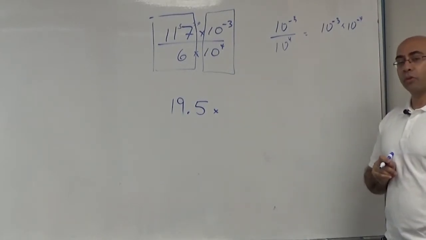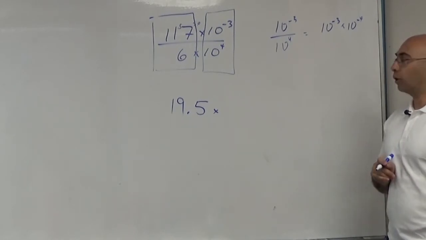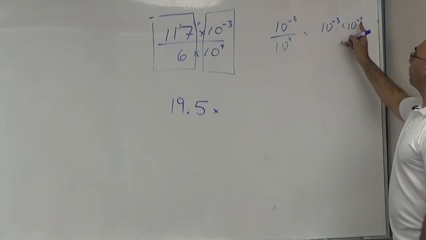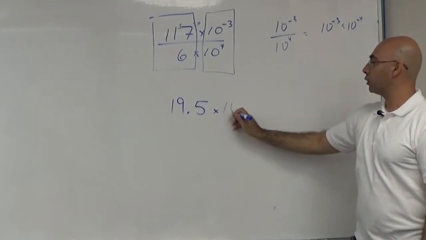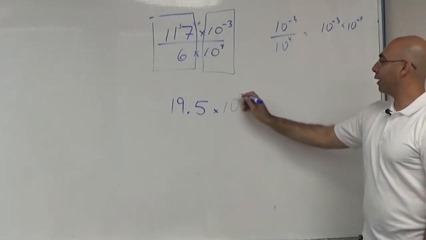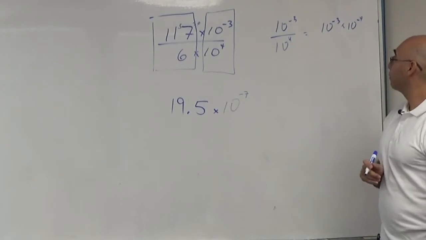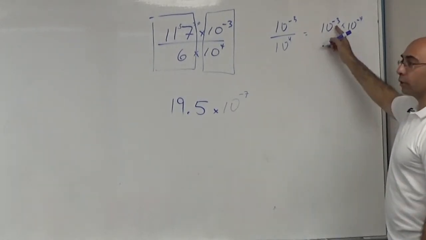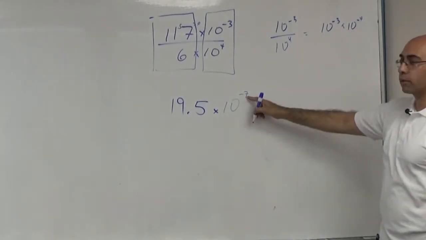When you flip it, remember you switch the sign. We learned that a couple days ago. Now negative 3 plus negative 4 is how much? Negative 7. So if you owe somebody $3 and you owe somebody else $4, you owe a total of $7.